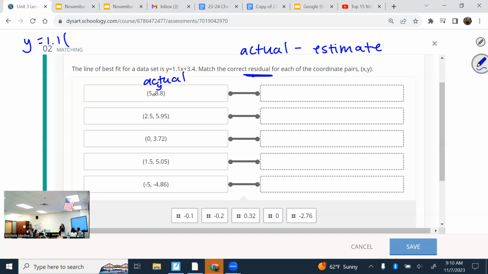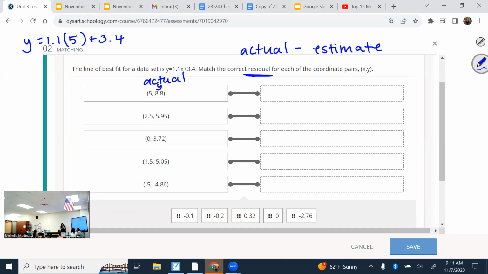X is always the input. Y is always the output. So what's my X in this first coordinate? 5. So that's what I'm gonna plug into my equation that was given to me, so I can get the estimated Y value.